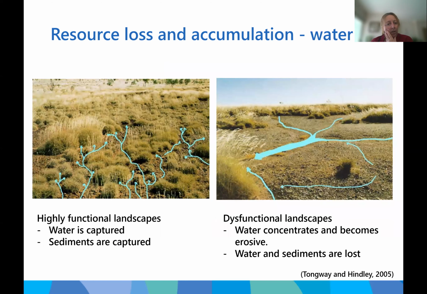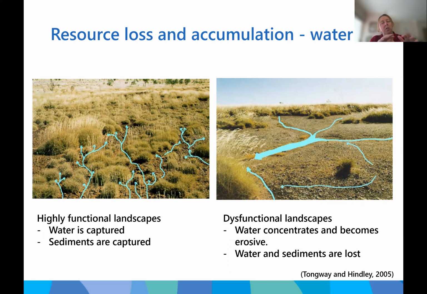So just to take a closer look at water, on the left here we see what we consider a highly functional landscape. You can see it's got pretty good ground cover, and even though there are some exposed areas where we don't have those little shrubs or grasses growing, we can see that water does move through those areas, but it tends to spread out and hit those vegetation sites and start to slow down and sink in.